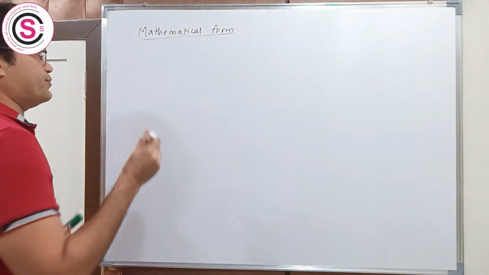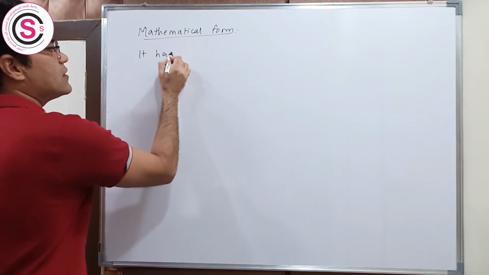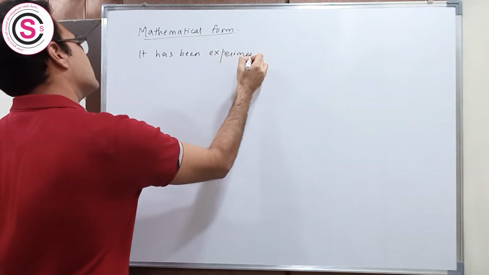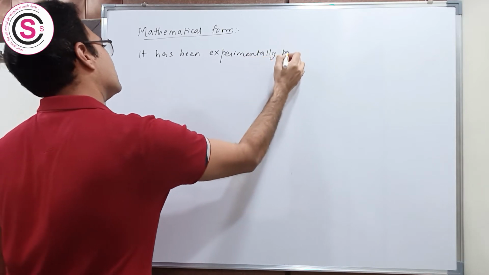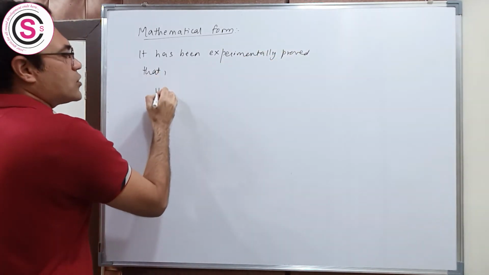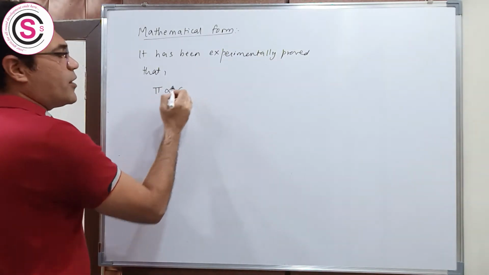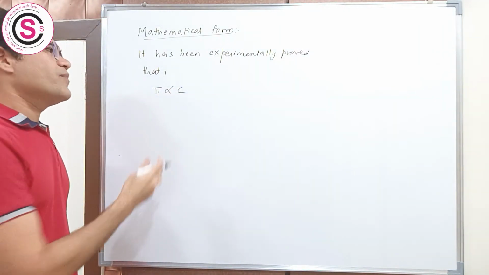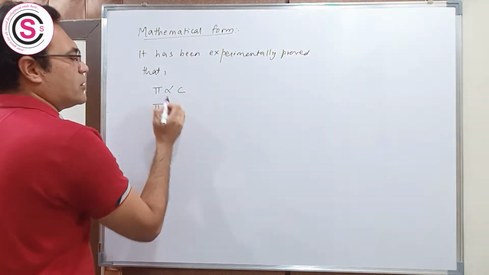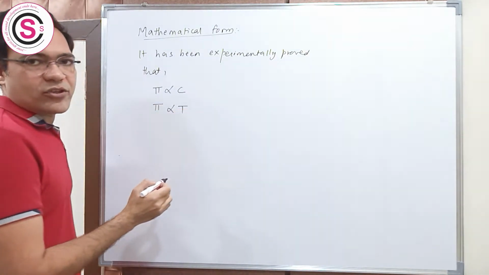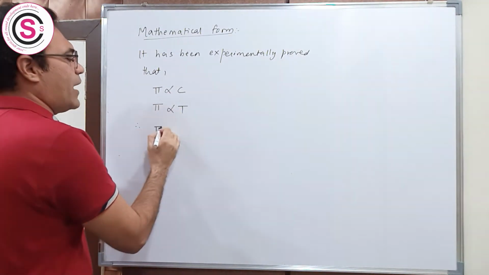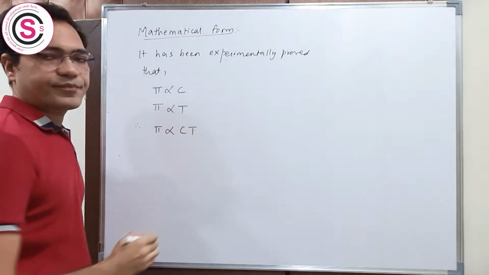Okay, now it has been experimentally proved that, students, osmotic pressure pi is directly proportional to the concentration of the solution. That will be so, because it is a colligative property, and osmotic pressure pi is also proportional to temperature. Right? So combining these two, I can write pi proportional to CT.